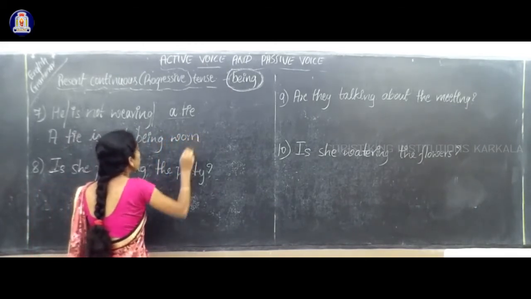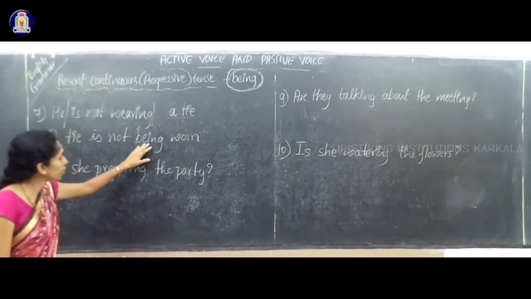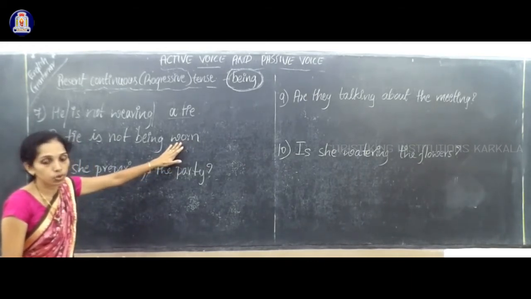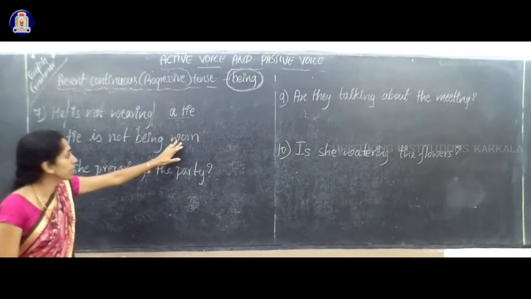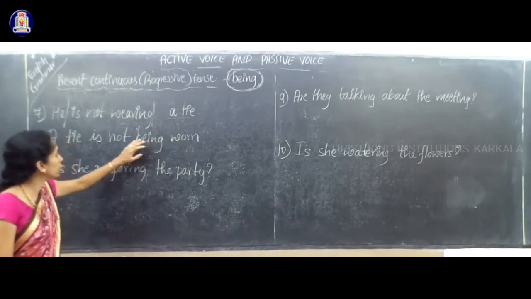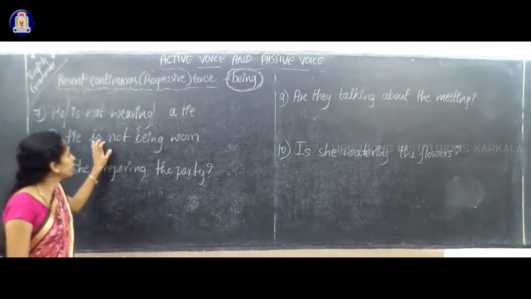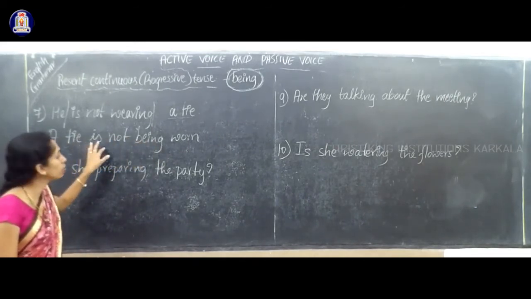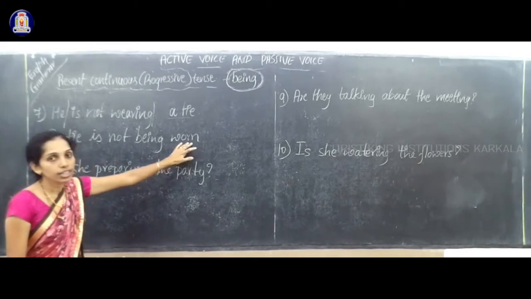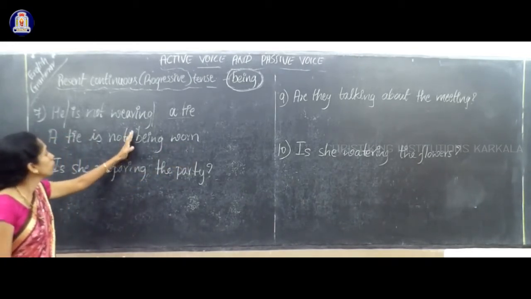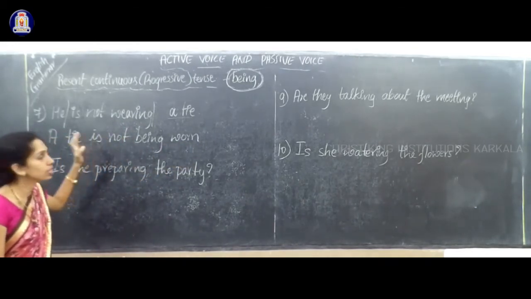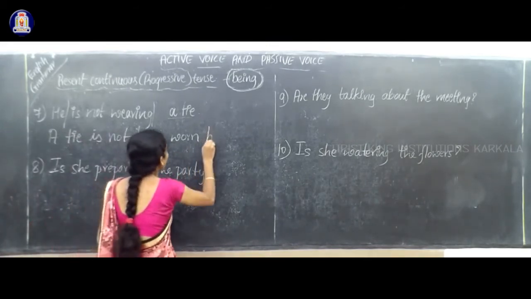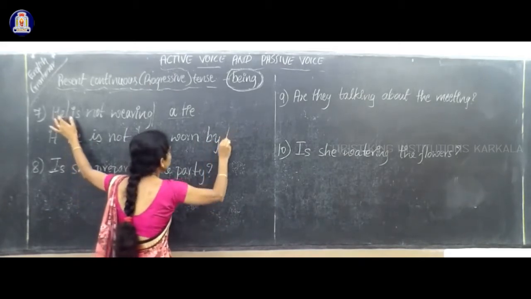Here you have to keep your "being" always with the main verb. We are not changing the place of this being. Anything may come in between, but it will come between the being and the helping verb, not between being and the main verb. So before being itself you have to use "not." So a tie is not being worn by him; he becomes him.